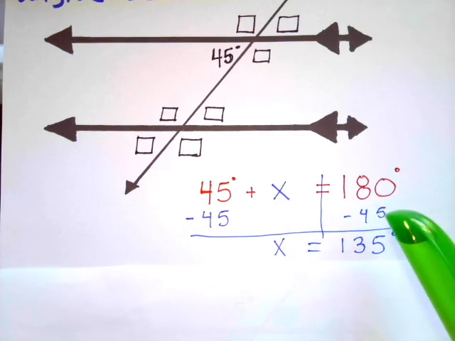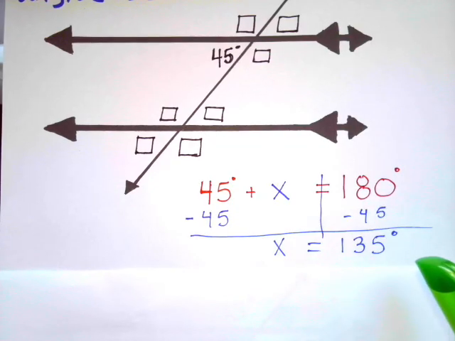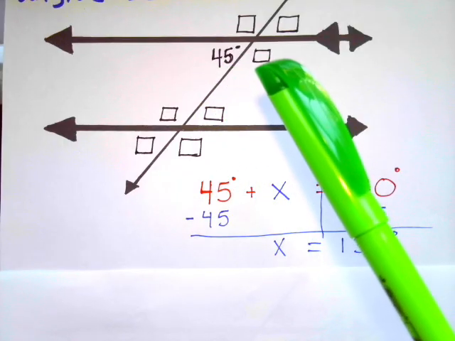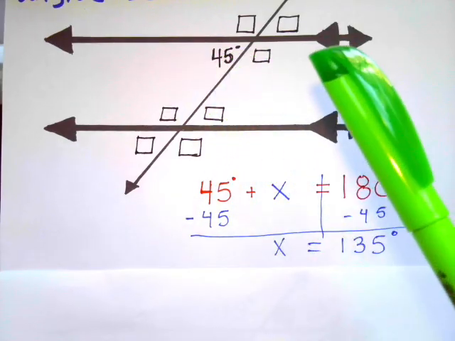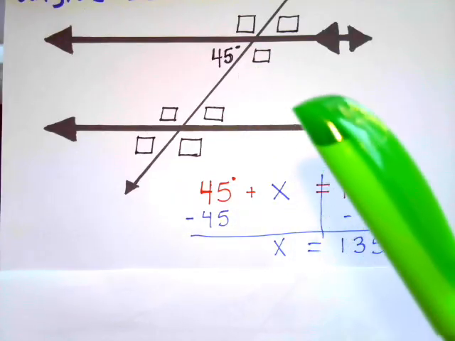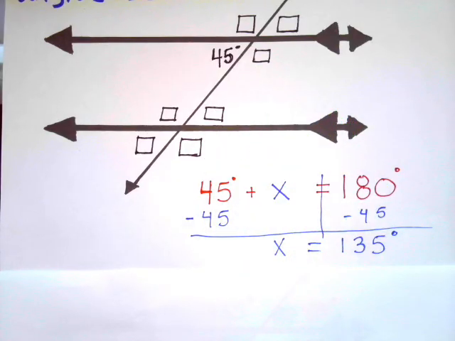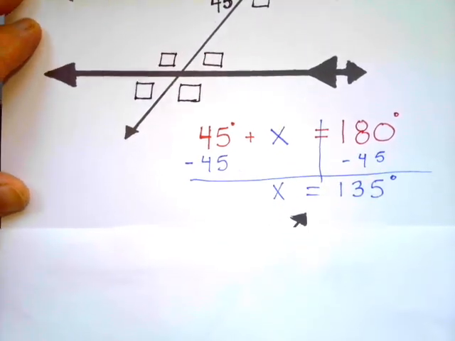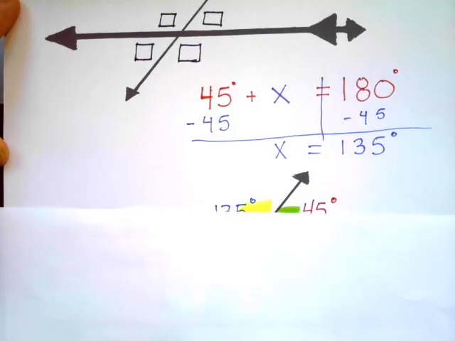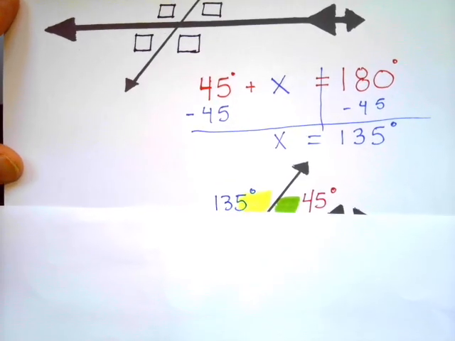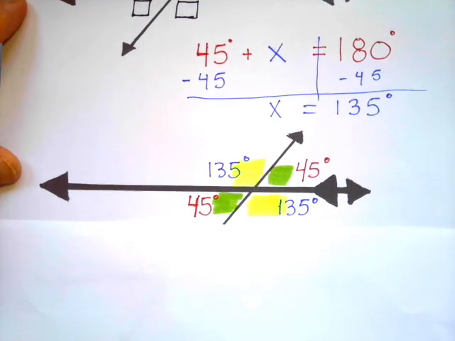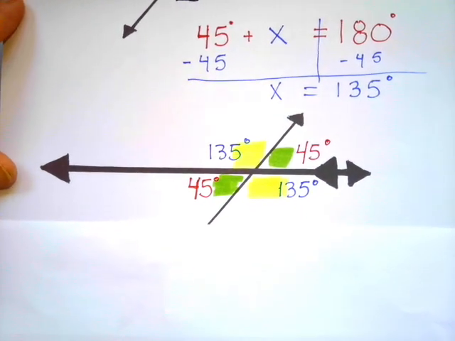That's the goal. 180 minus 45 is 135 degrees. So 45 plus 135 equals 180 degrees. Based upon congruency, I can start filling in the remaining values. That's what I want to show you here. If I'm going too fast, please stop, pause, rewind your video, and watch at your leisure.